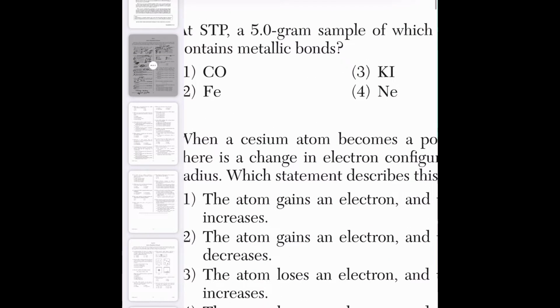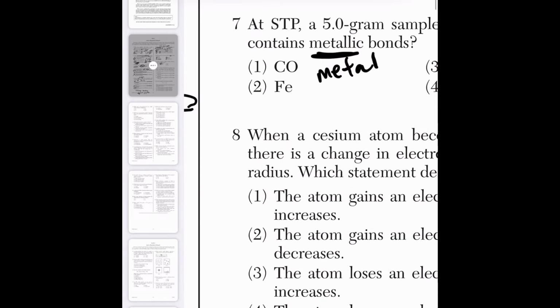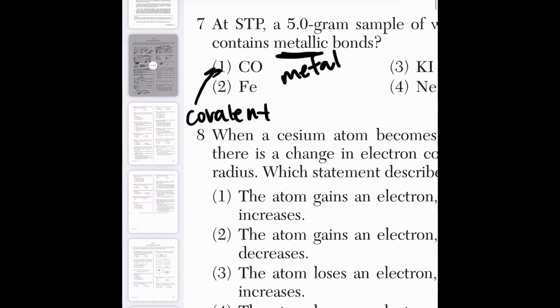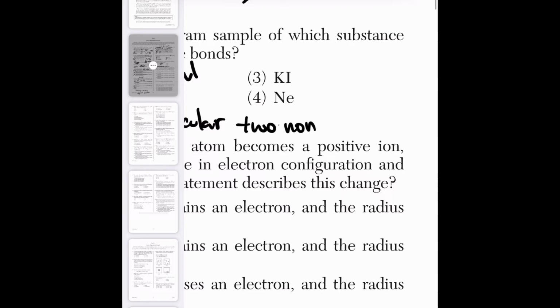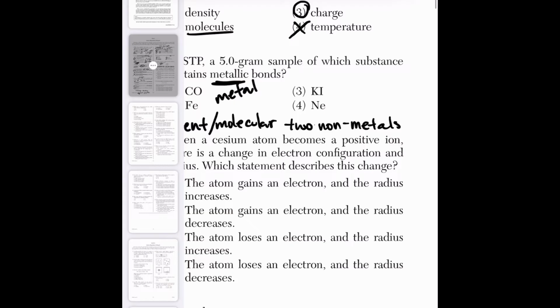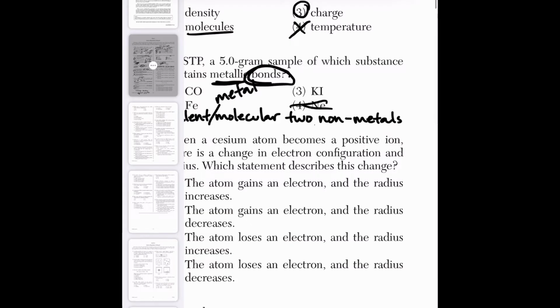Okay. Metallic bonds. So, metal. This is a covalent compound or molecular compound, same thing. It's two nonmetals. And it's bonds, right? Okay. So this is an element that's neon, so there's no bonds going on there.